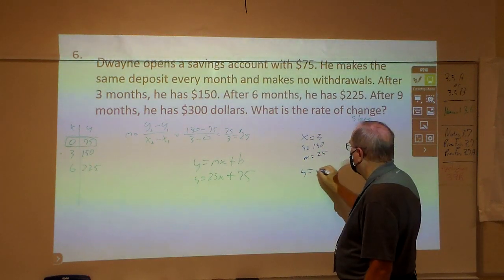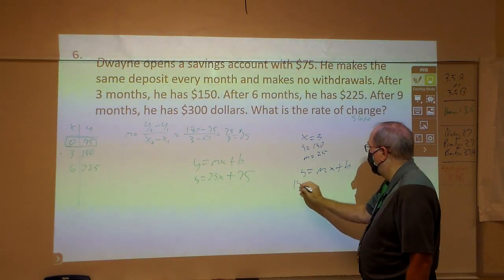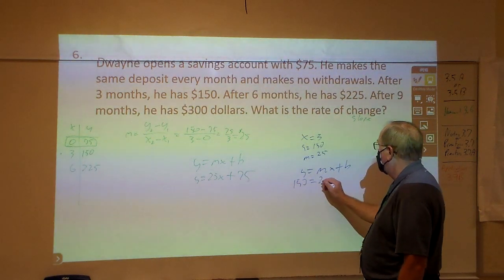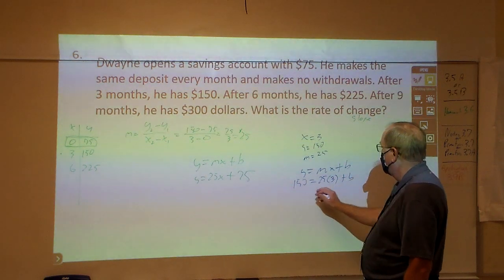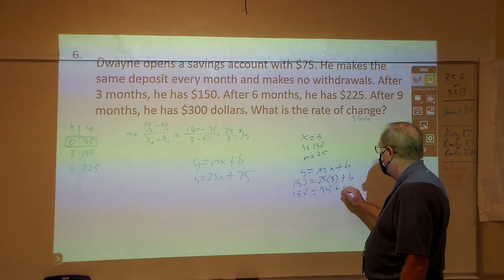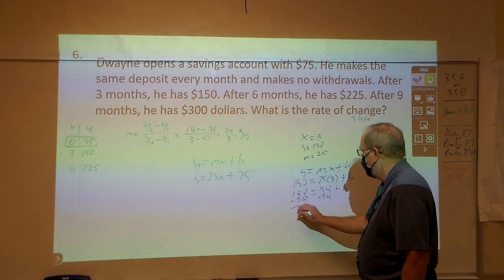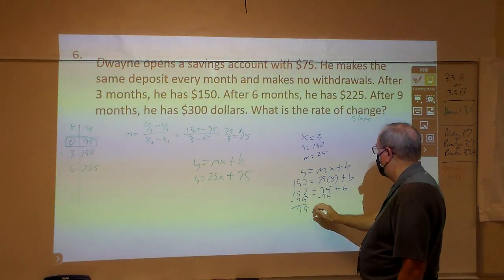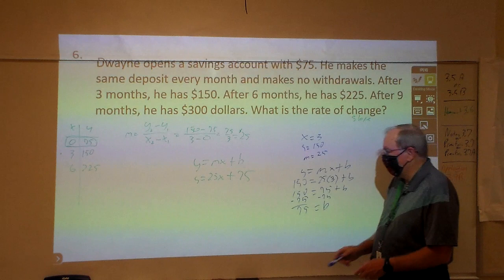You can do y equals mx plus b, so the y would be 150 equals 25 times 3, because that's what the x value is, plus b. That's 75. You would then minus 75 from each side. So 75 equals b, which is exactly what we ended up with to begin with.